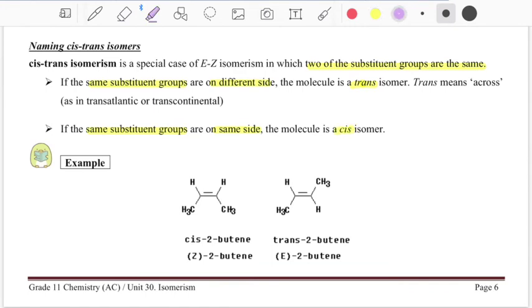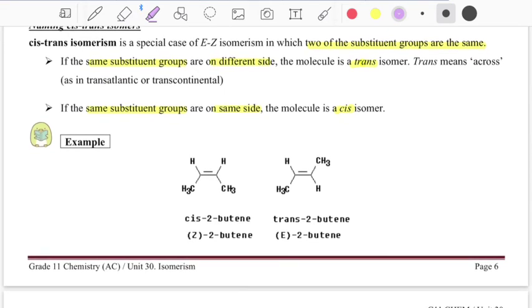Here I use a different color to highlight the part that we use to determine whether it's cis or trans. Now for these two, let's practice assigning the priority groups so that we can determine whether it's E or Z. In order to find the higher priority groups, we have to look on both sides of the double bond.